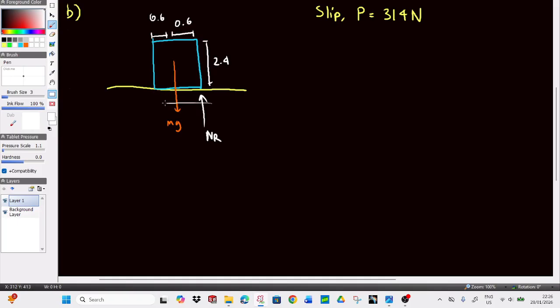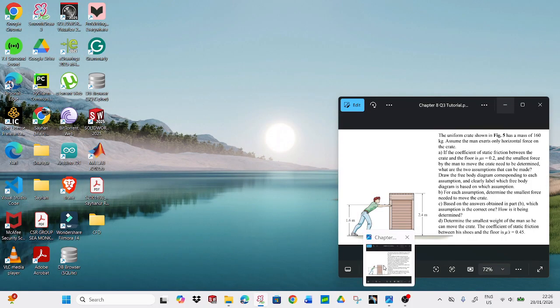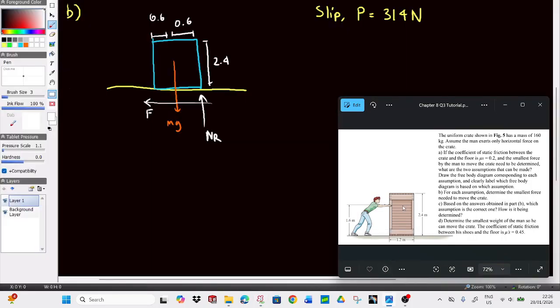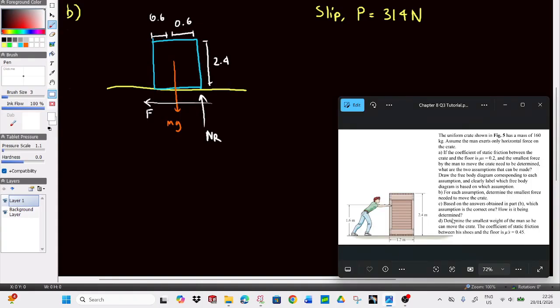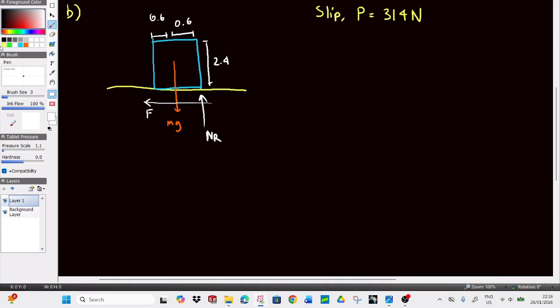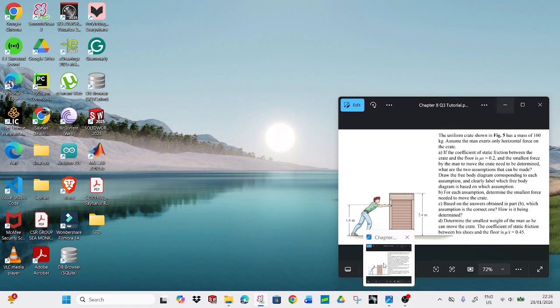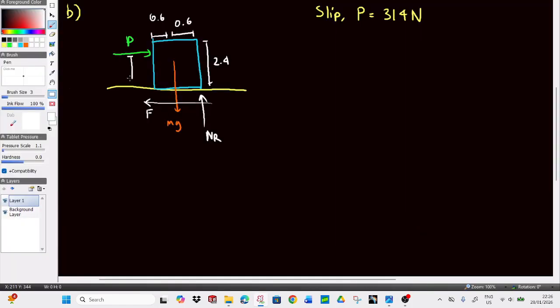And of course, we have our frictional force F. And we don't have the force P of the person itself, which would be acting here. The dimension between the force P and the ground is 1.6. That's the height of the guy himself. These are all in meters, by the way.